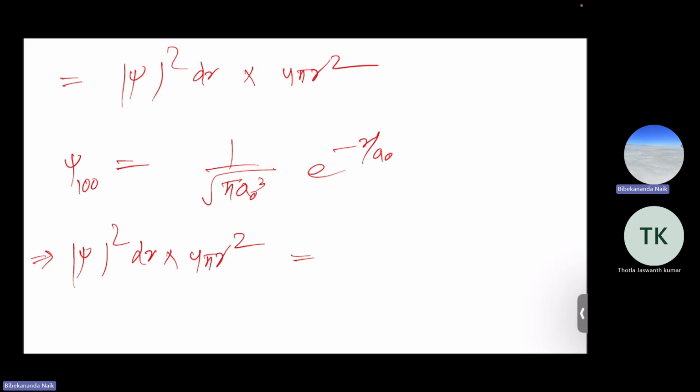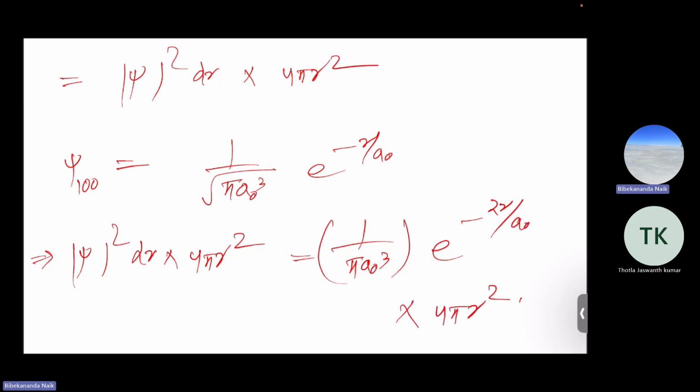So it will be 1 by pi a0 cube e to the power minus 2r by a0 into 4 pi r square into dr. If you solve it, pi will get cancelled out.